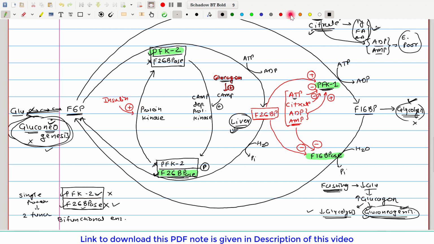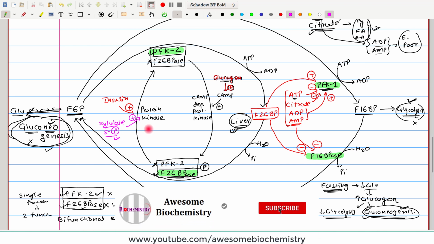Now there is one very important molecule which can influence this protein kinase. It is xylulose 5-phosphate. This xylulose 5-phosphate stimulates protein kinase. Now why is this a very important molecule? Because xylulose 5-phosphate links carbohydrate metabolism with lipid metabolism. How?